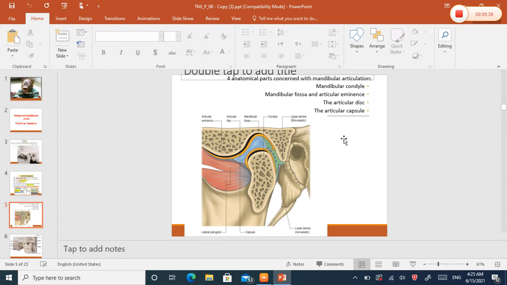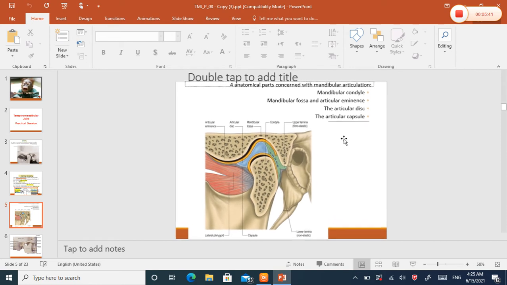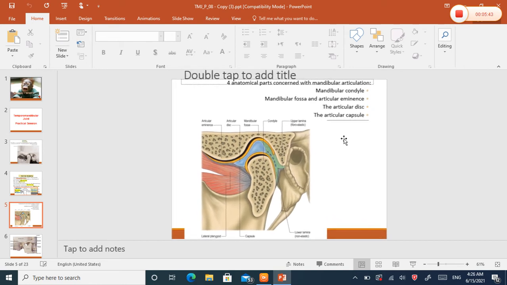Okay. I repeat, four anatomical parts concerned with the mandibular articulation: mandibular condyle, mandibular fossa, articular eminence, and the articular disc and the articular capsule. The articular eminence is a bony elevation located anterior and posterior to the glenoid fossa.